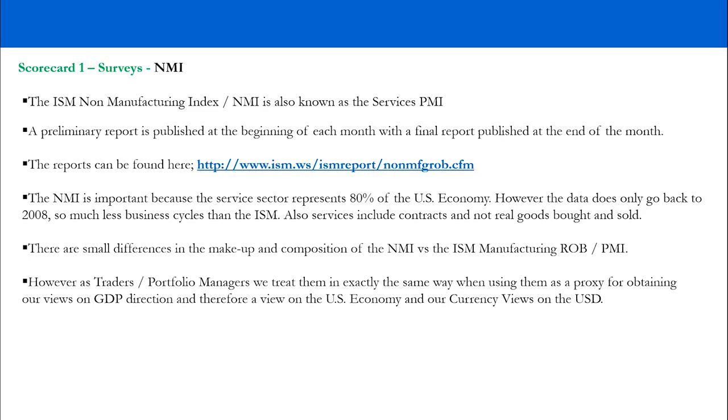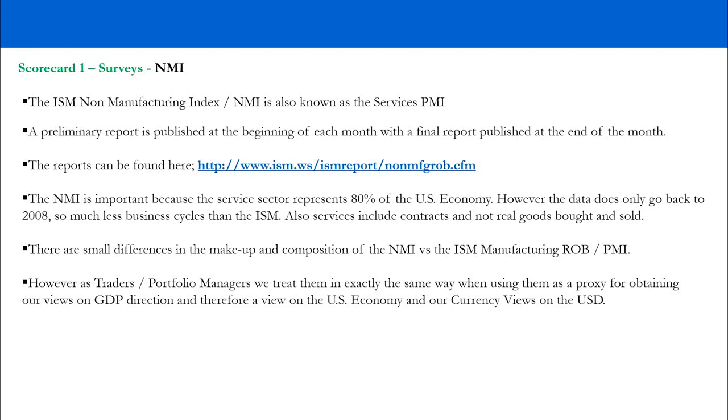And when it comes to currencies, we're looking at predicting inflationary or deflationary conditions and how central banks, governments and authorities will react to these situations.